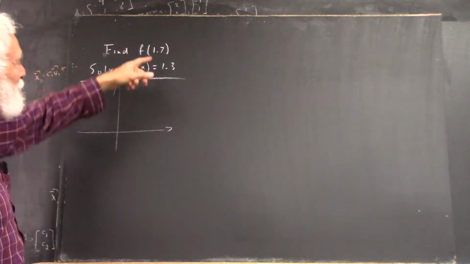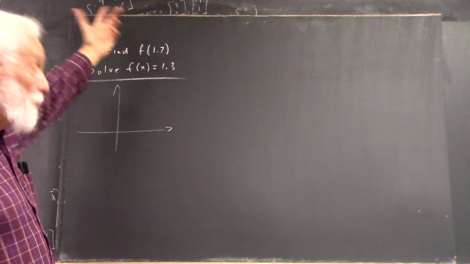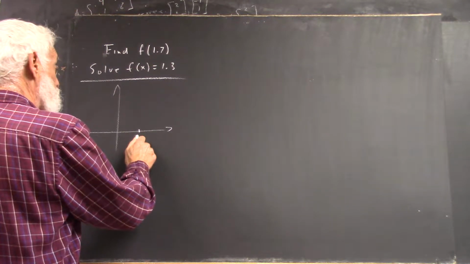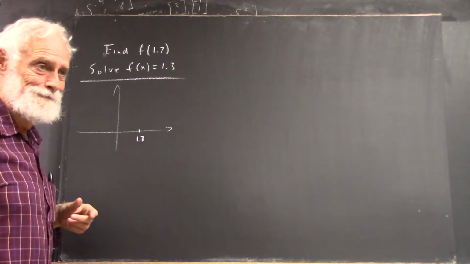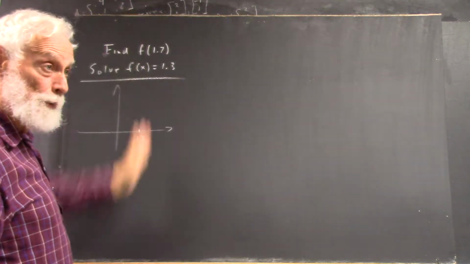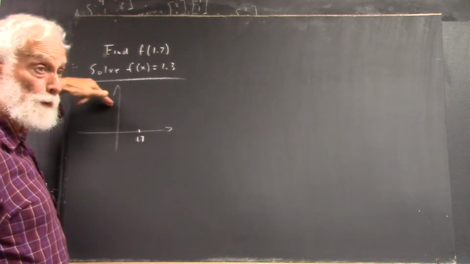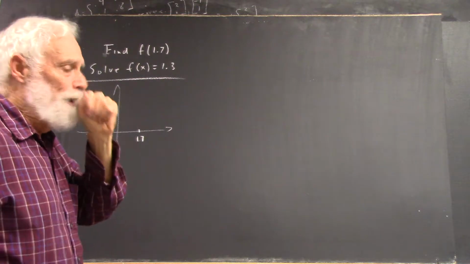Okay, what do we mean by f of 1.7? We mean you put 1.7 on this axis, right? And then you do the line where x equals 1.7. You find out where that intersects your graph and over here and see what your y is, right? And you document that.